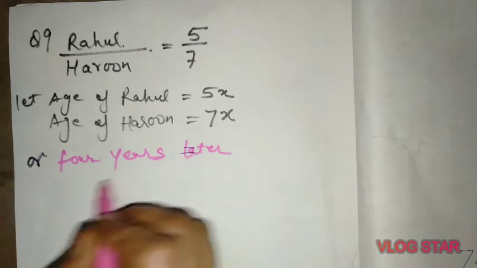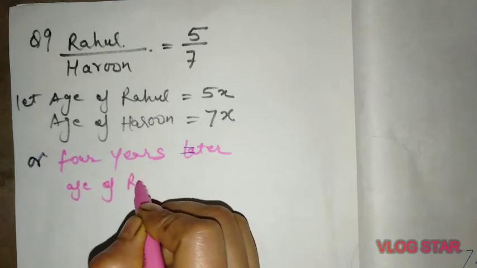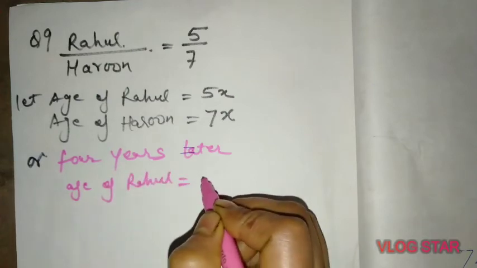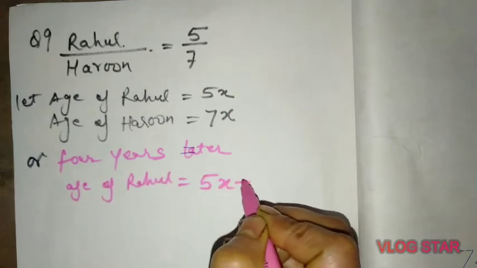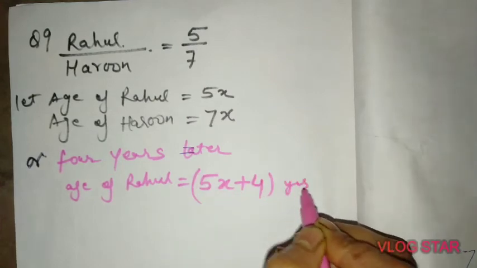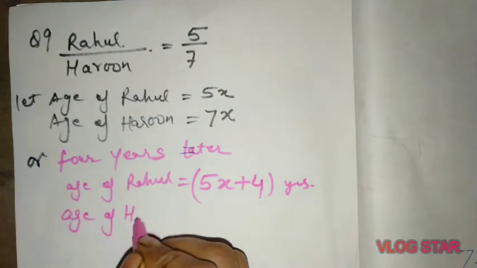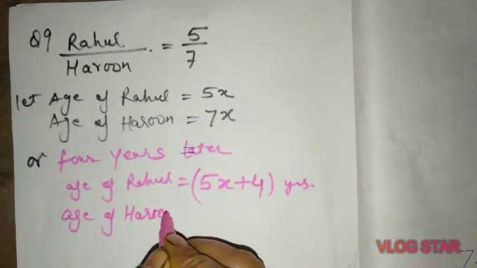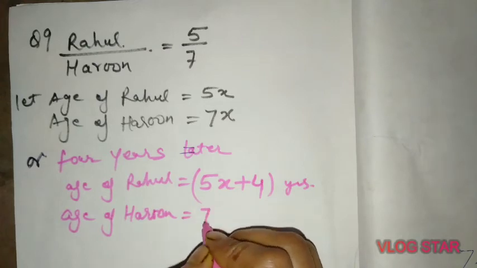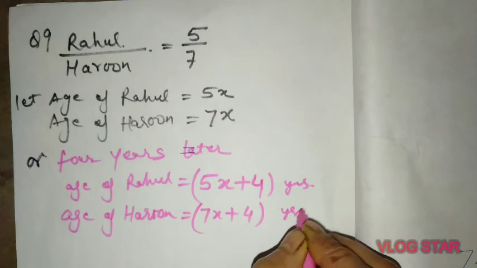So after 4 years, the age of Rahul is 5x plus 4 years, and the age of Harun is 7x plus 4 years.